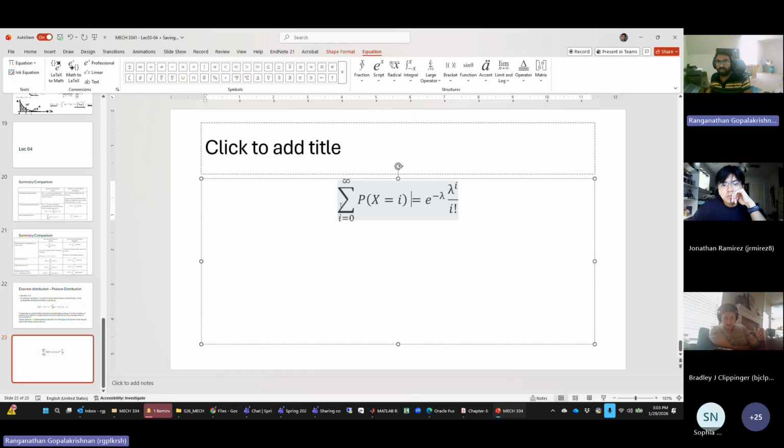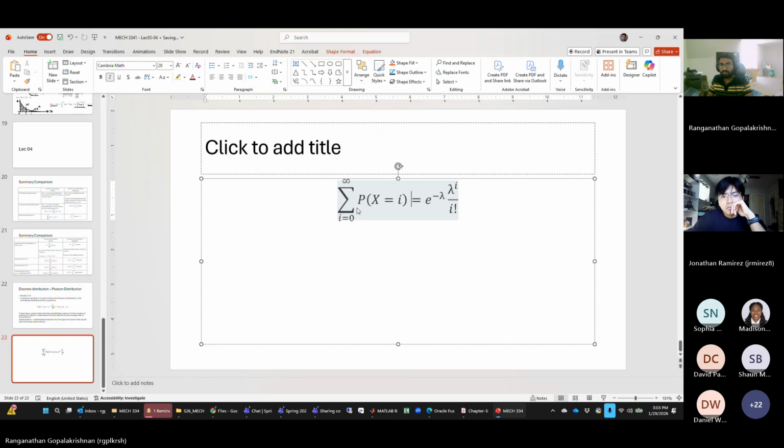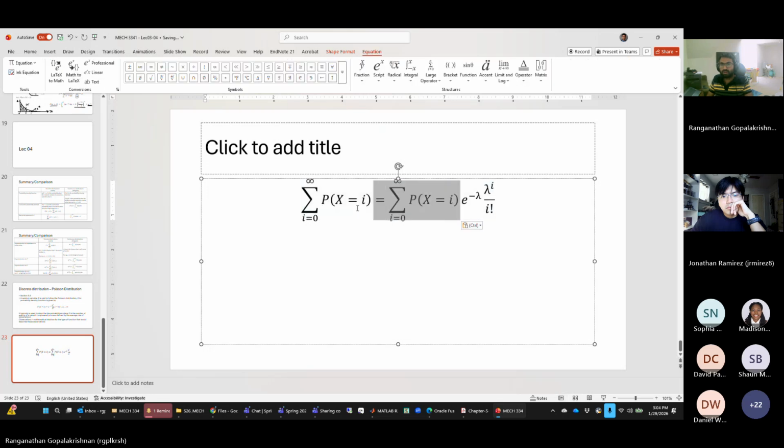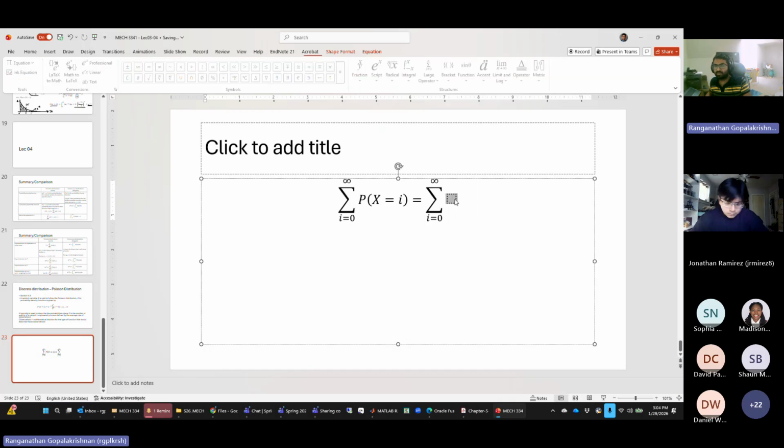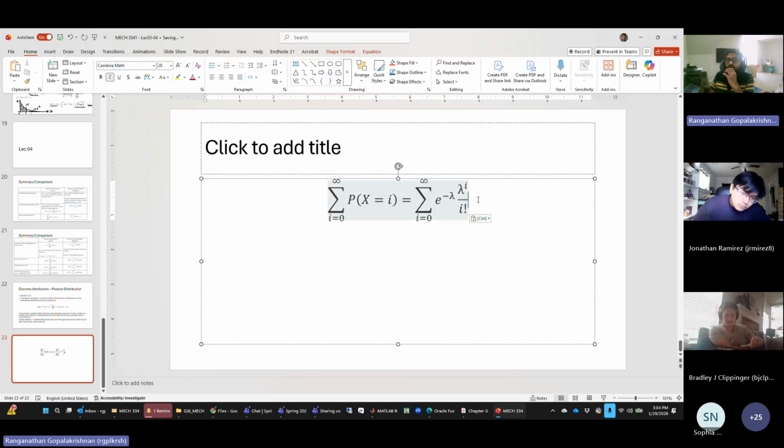That would be the summation. So P of x equals I is nothing but the formula that I gave you. So you have to expand this summation and see if this will add up to 1. That's the goal we have here.